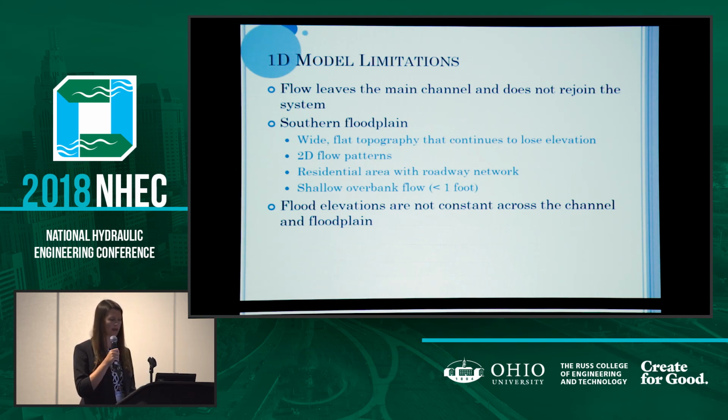It has 2D flow paths as it maneuvers the street network. Third, flood elevations will not be constant between the channel and the floodplain. All of these conditions are difficult, if not impossible, to address with a 1D model. So a 2D model would be better suited to address these conditions.